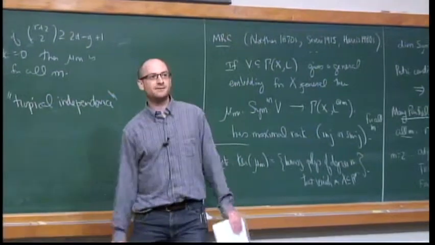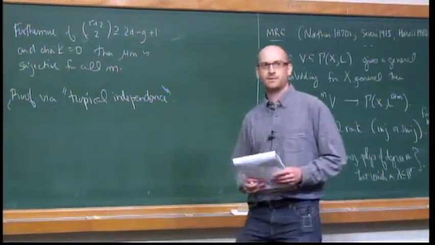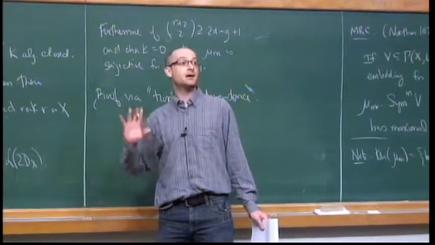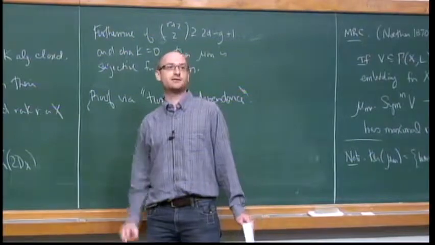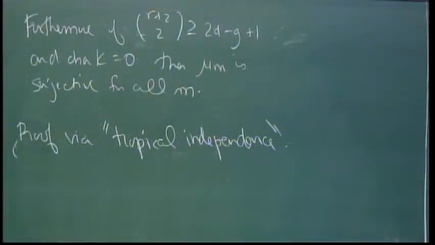Right? Yes, so the maximal rank conjecture is true for quadrics. Right, so the reason why we say quadrics is that m equals 2 is a prediction about the space of quadrics that contain the general embedding of the general curve. So the maximal rank conjecture is true for quadrics. Okay, so the proof is going to be by tropical independence.